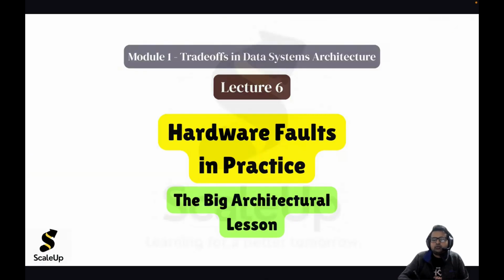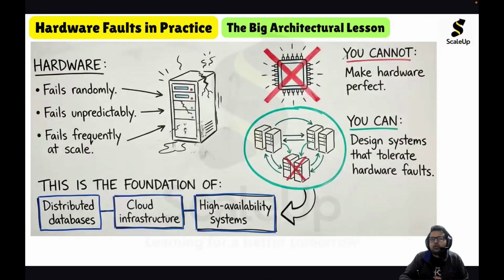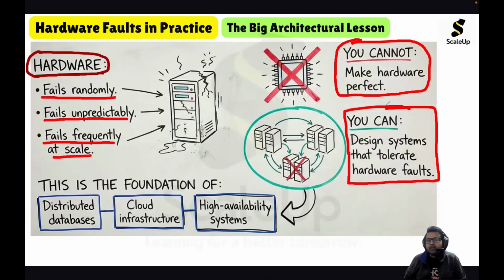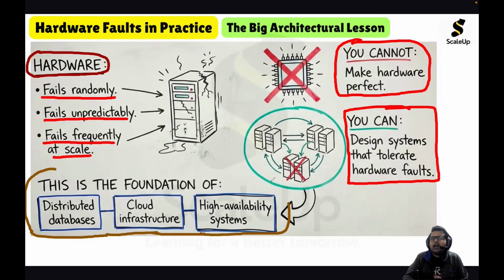So that's the idea. Now the big architectural lesson. From this lecture we are convinced that hardware fails randomly, fails unpredictably, and fails frequently at scale. We cannot make hardware perfect. Rather, we can design systems that can tolerate hardware faults. System design is all about designing systems that can tolerate hardware faults. This is the foundation of distributed databases, cloud infrastructure, and high availability systems.